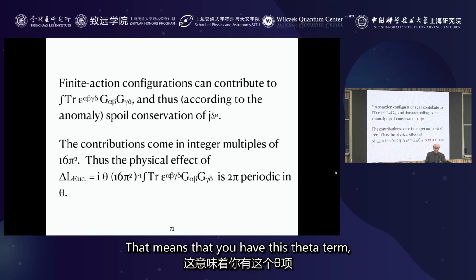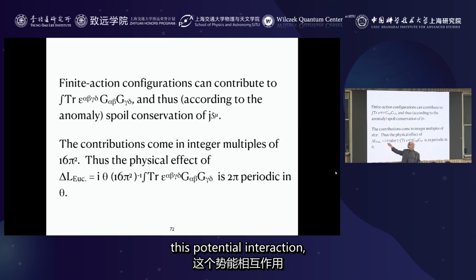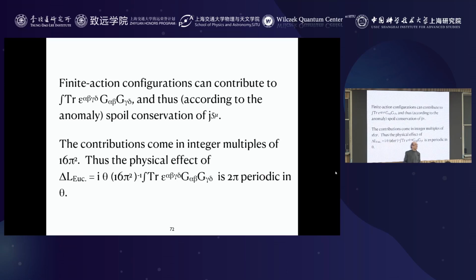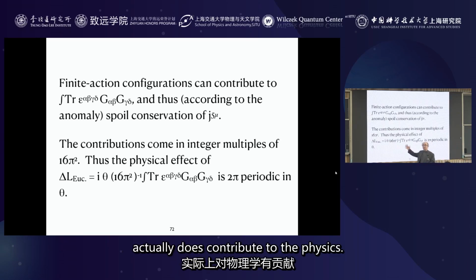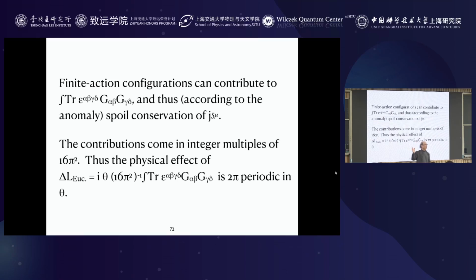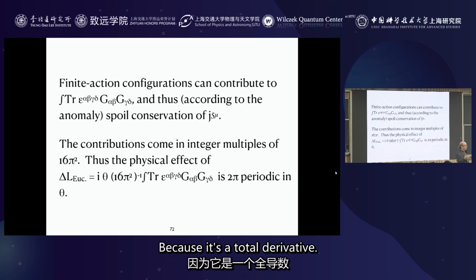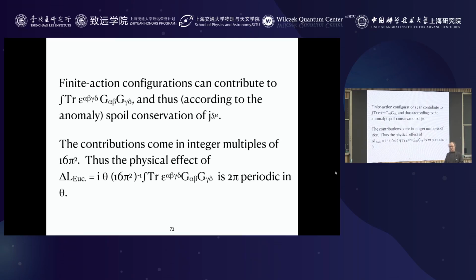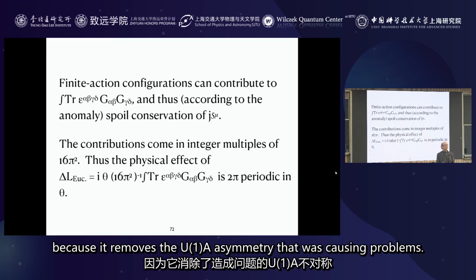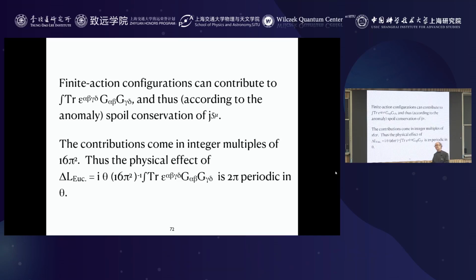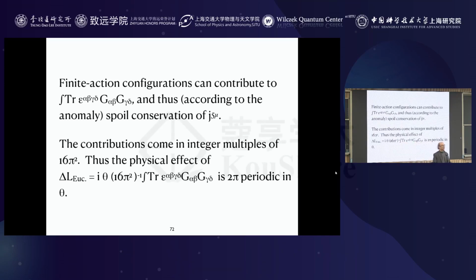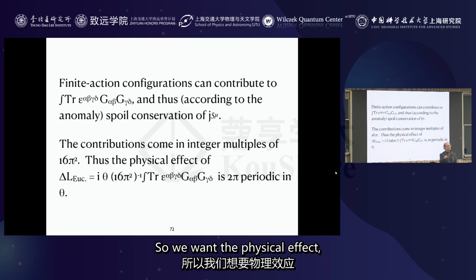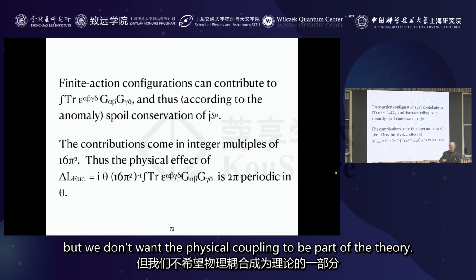That means that you have this theta term, this potential interaction, which is problematic because it violates time reversal symmetry, actually does contribute to the physics. Classically it doesn't because it's a total derivative, but quantum mechanically it does. We're happy that it does because it removes the U(1) asymmetry that was causing problems, but we're disturbed that it does because it violates time reversal symmetry, and we don't want that. So we want the physical effect, but we don't want the physical coupling to be part of the theory.